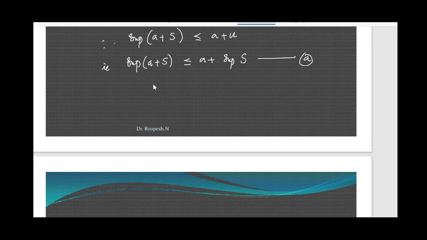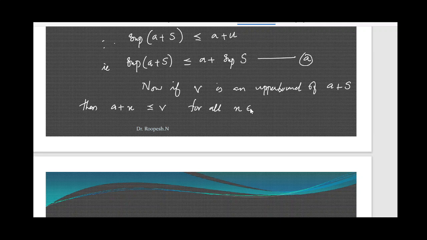Now we want to get the reverse one. Now if V is an upper bound of A plus S, then A plus X is less than or equal to V for all X belongs to S. Am I right?